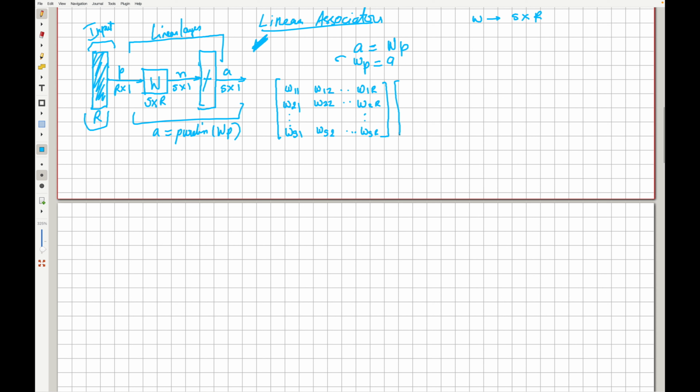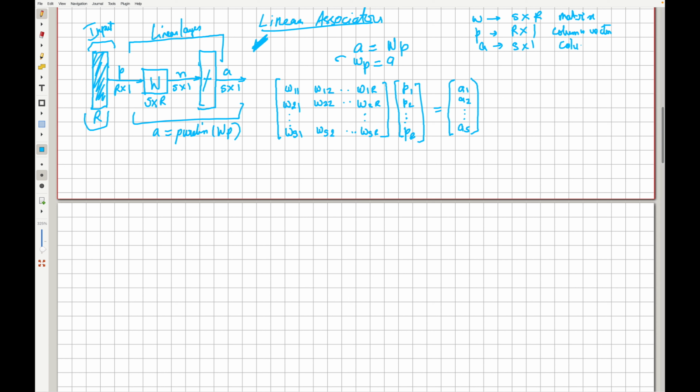The input is the vector P, which is P1, P2, all the way up to PR, and that is of the shape, as we said earlier, R by 1, so it's a column vector. This is a matrix, and the output is A1, A2, all the way up to AS, and this A is again a column vector of shape S by 1.